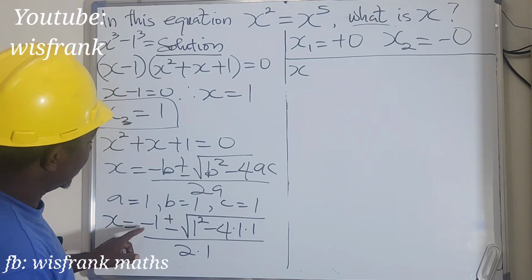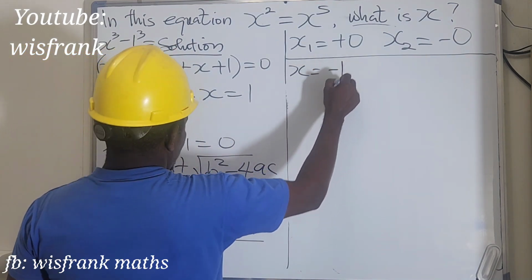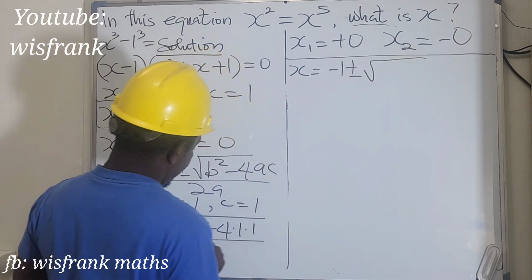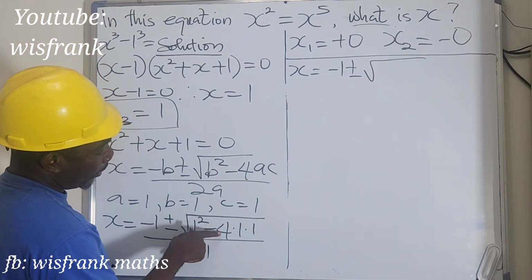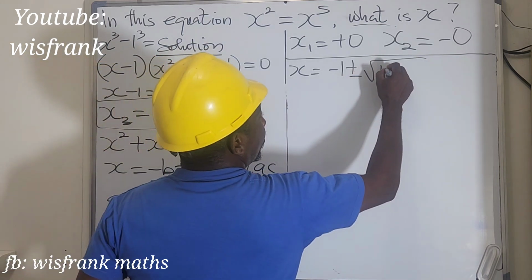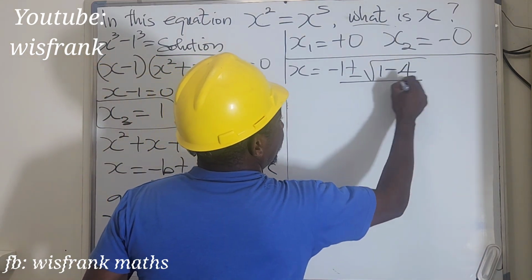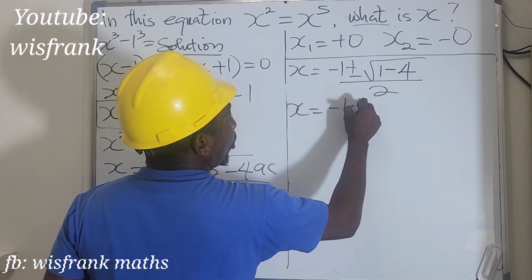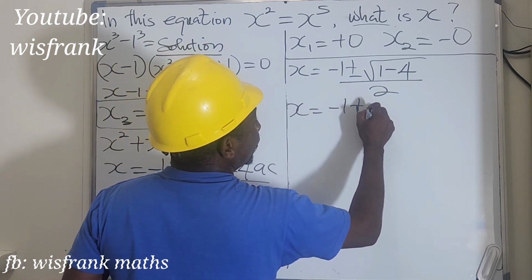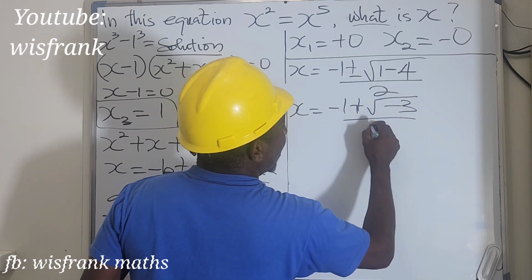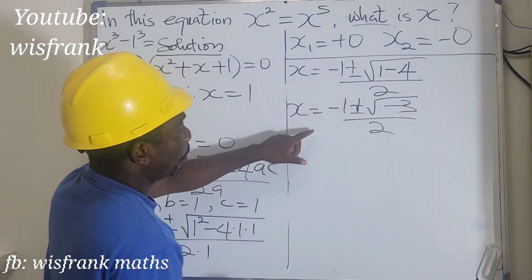From here we have x equals minus 1 plus or minus square root of 1 squared is 1 minus 4 times 1 times 1 is going to be 1 minus 4, all over 2. So this will become x equals minus 1 plus or minus square root of minus 3 all over 2.